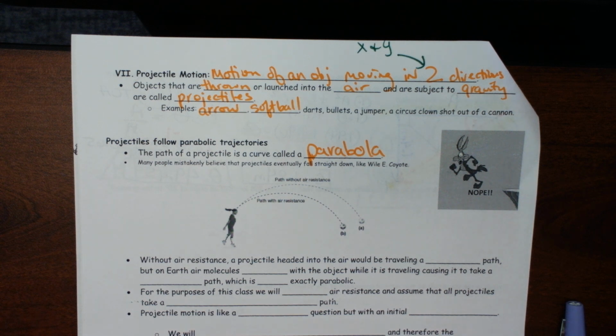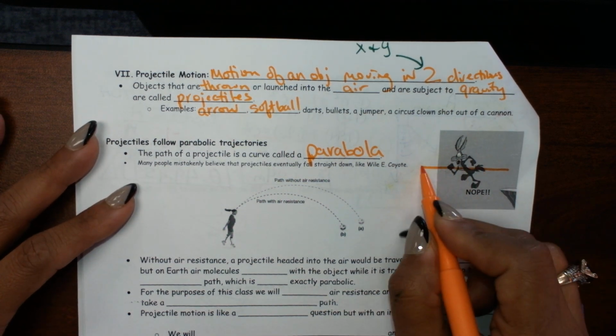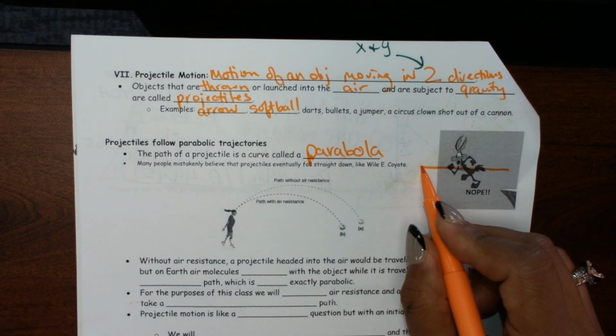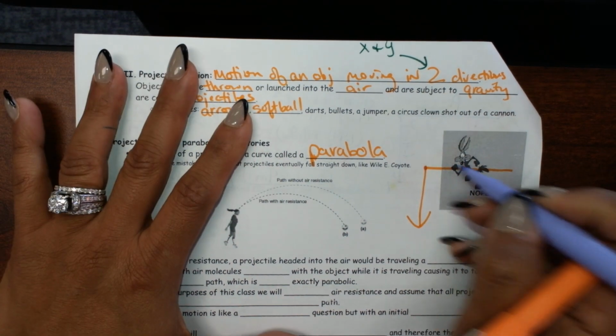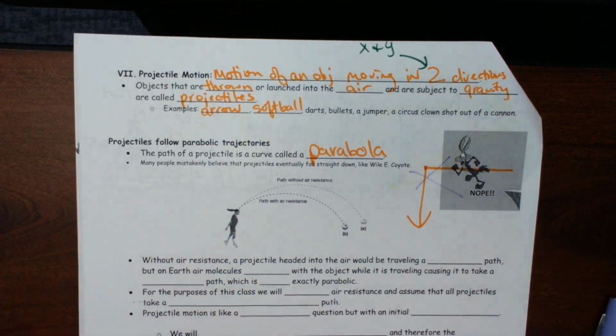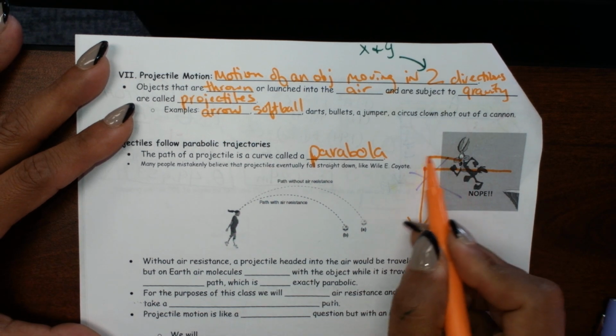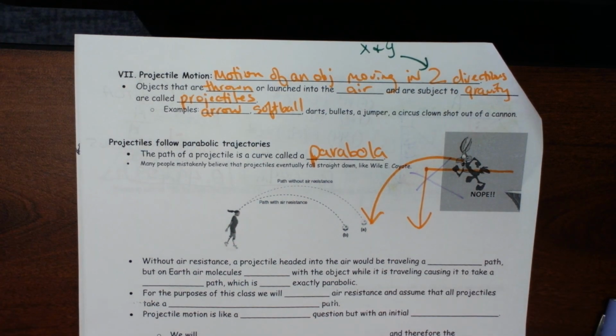When Wile E. Coyote on that cartoon runs, he stops, and then he falls straight down. Absolutely incorrect. The trajectory of any object that's thrown into the air, tossed into the air, or dropped is always going to be a parabolic trajectory, a parabola shape.